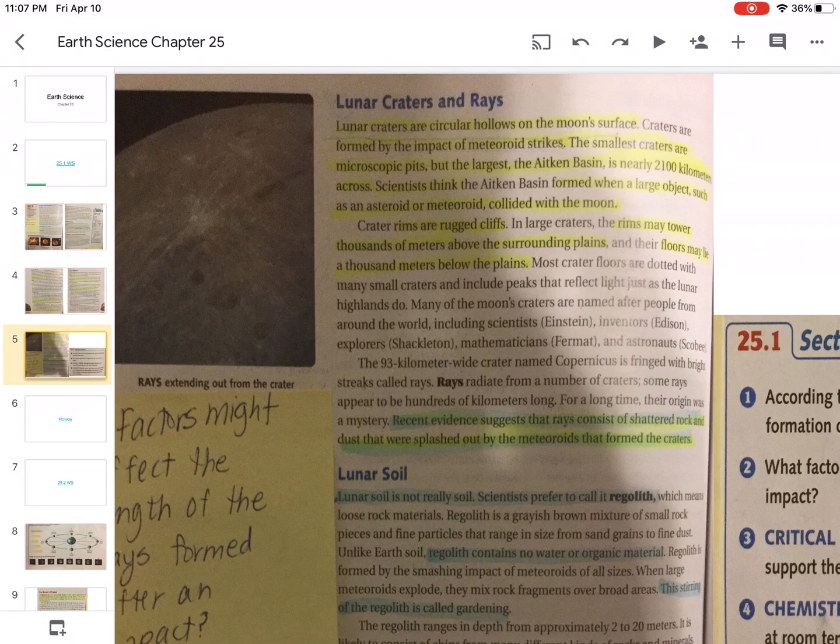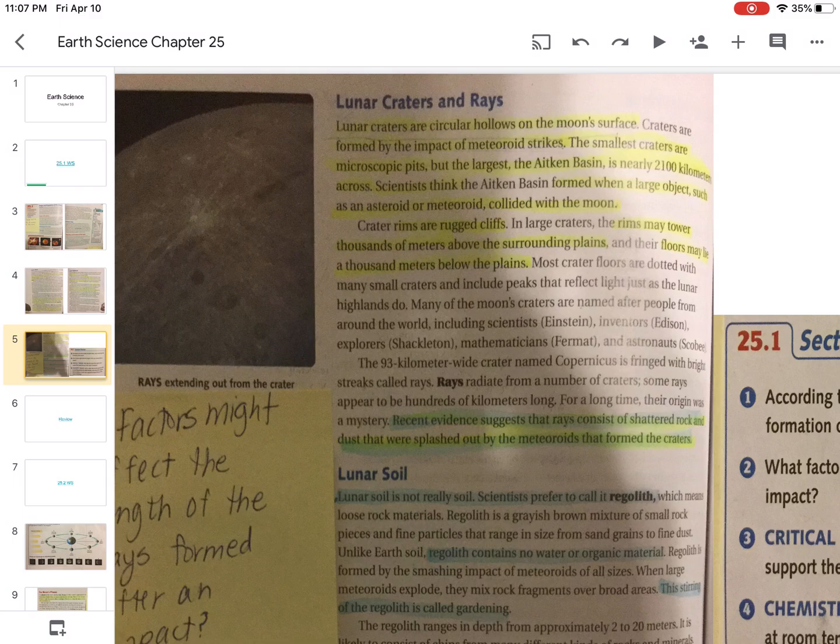Lunar craters are circular hollows on the moon's surface, formed by the impact of meteoroid strikes. The smallest craters are microscopic pits, but the largest, the Aitken Basin, is nearly 2,100 kilometers across. Scientists think that this basin formed when a large object, such as an asteroid or meteoroid, collided with the moon.